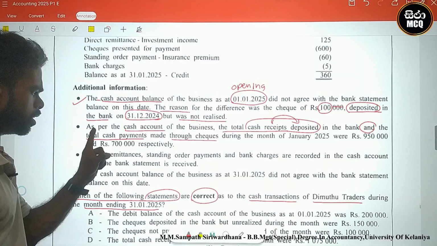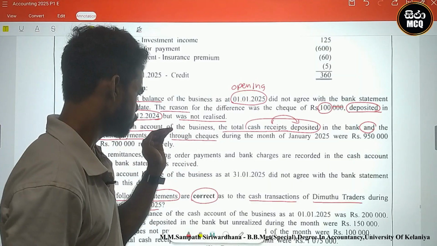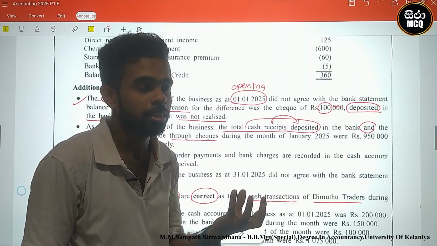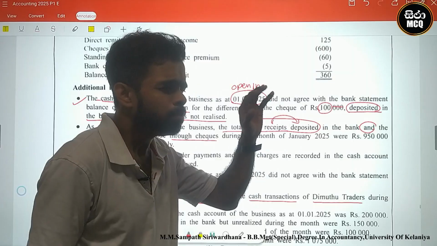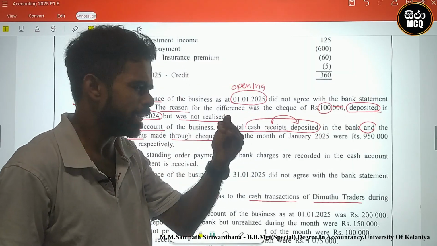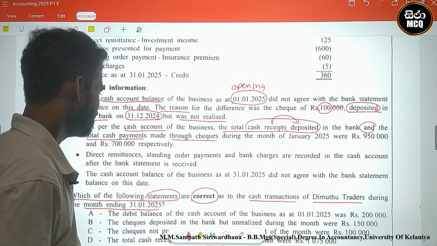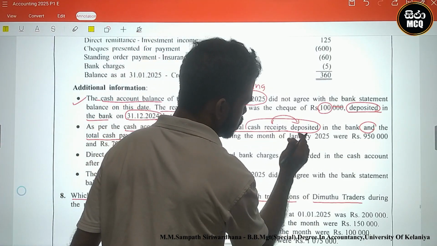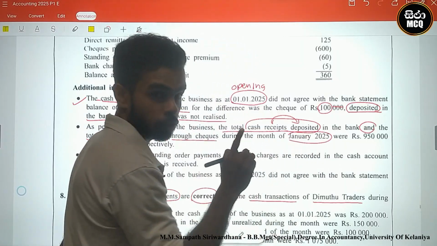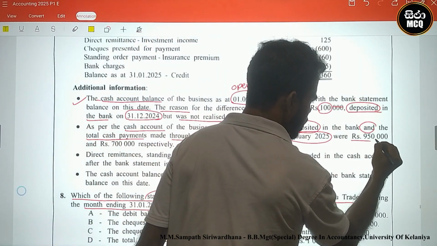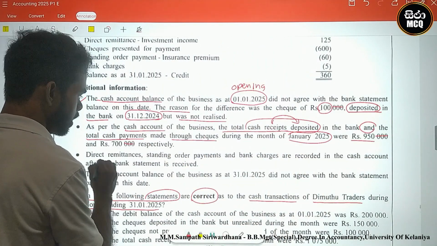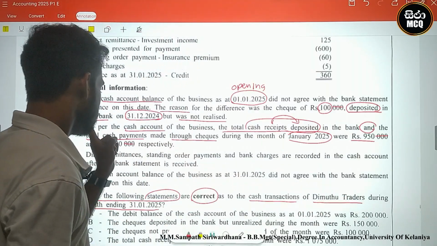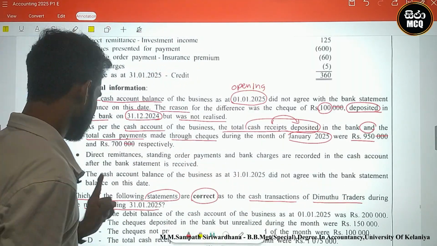You know, if you have a current account, all payments must be paid through checks. Cash payments made through checks during the month of January 2025 were 950 and 700 respectively. Deposit value is 950, payment value is 700.